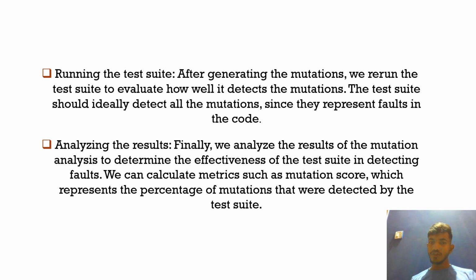So we introduce the mutations by changing a small piece of code, and whenever we rerun the code, we check how the code ran before introducing the mutations and how it runs after. That is the major difference after rerunning the code.